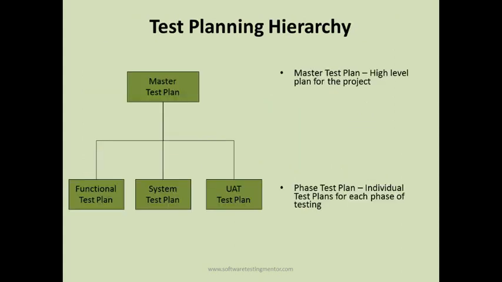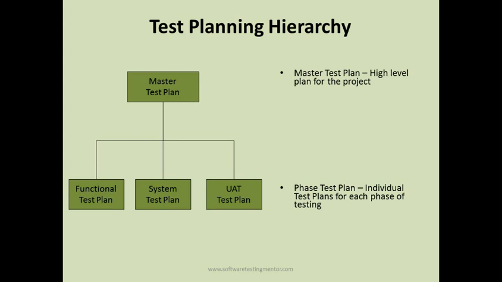So what is the test planning hierarchy? The highest level of plan is the master test plan. The master test plan is the high level plan for the complete test project. It contains the complete information about how the overall project test plan will look like.